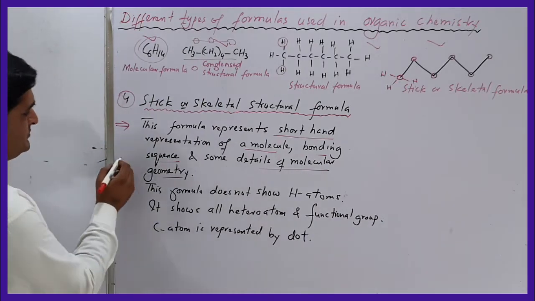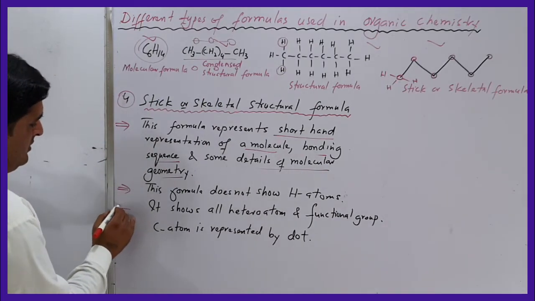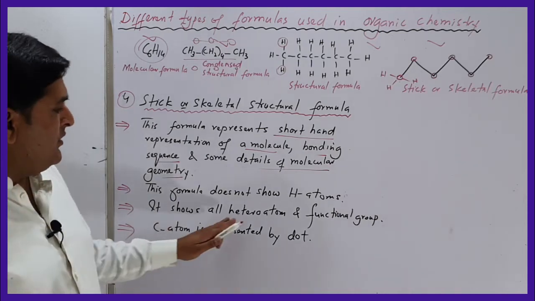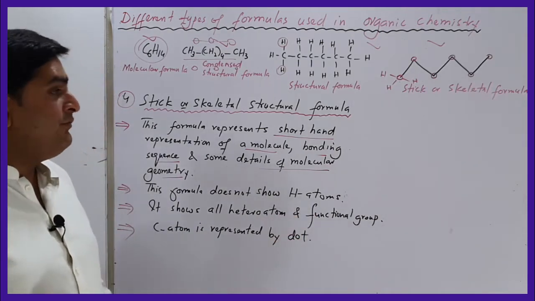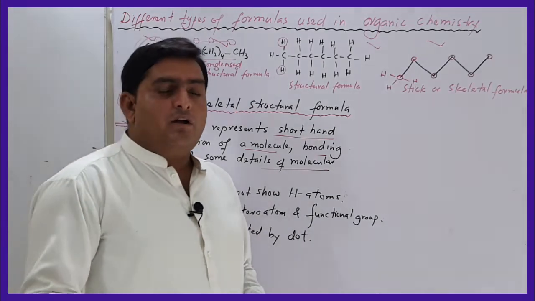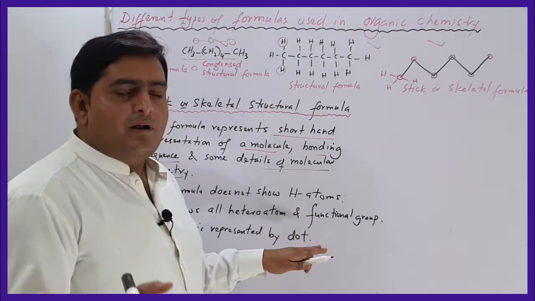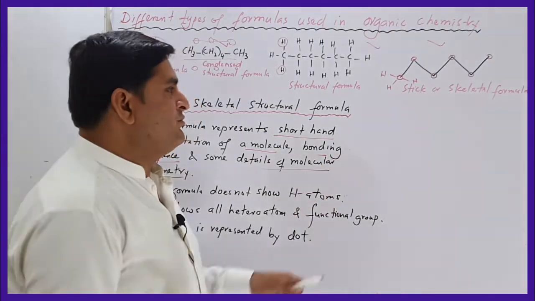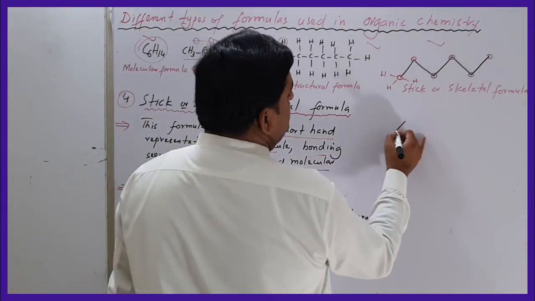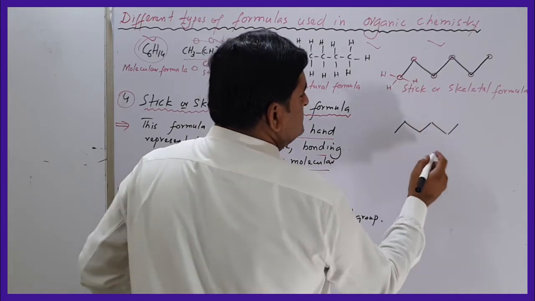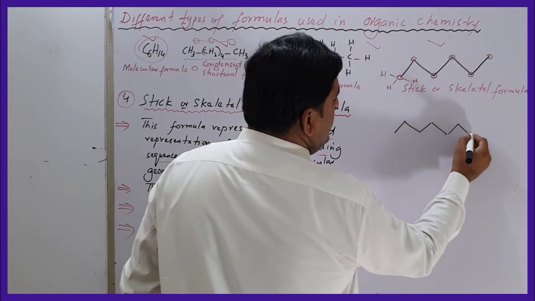It shows all heteroatoms and functional groups. If the atoms are other than carbon and hydrogen, they must be shown, or if carbon and hydrogen are present in the functional group, they are shown. For example, if we have hexanol, here we write OH.